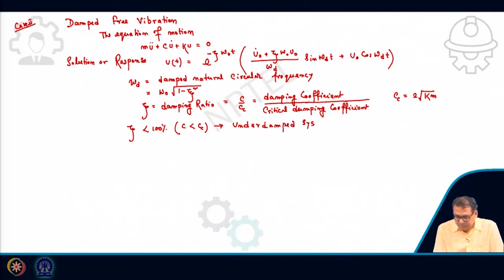Okay. And if it is equal to 100%, then C is equal to Cc, then the system is called critically damped system.